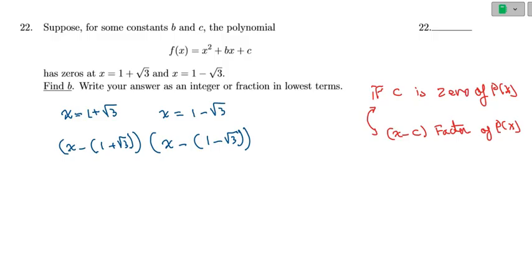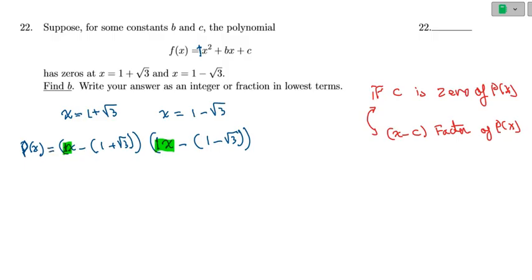And now, since the leading coefficient is 1 here, and you see if I multiply the x times the x, these two are going to give me the same leading coefficient. Therefore, my polynomial will be the same as multiplying these two by each other.